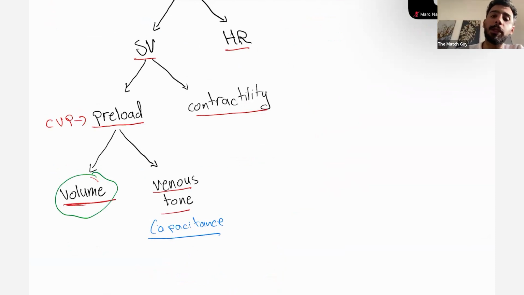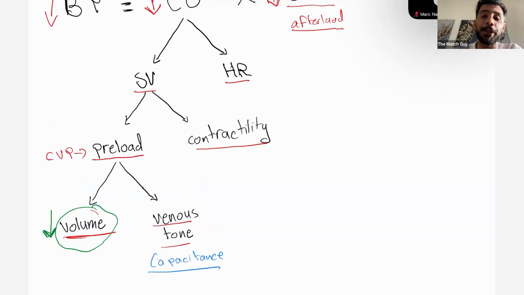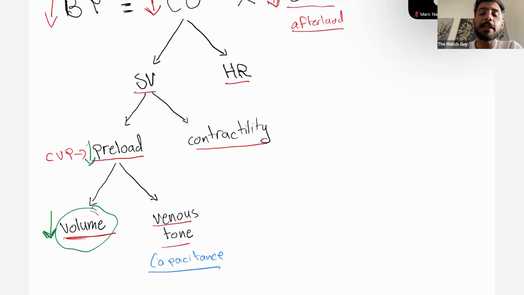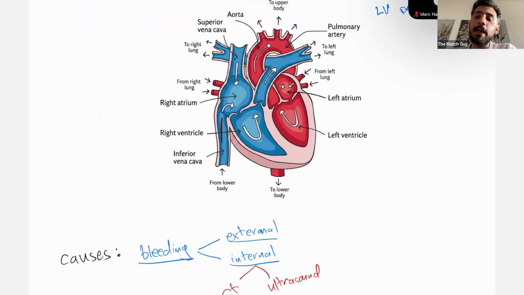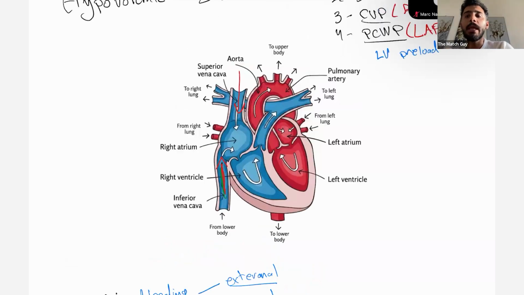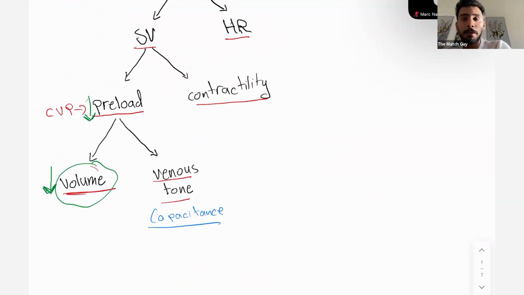And if the volume of blood is decreased because there is bleeding and you're losing volume, then that means that the preload is also going to decrease, right? This means that less blood is going to be coming back to the heart. Since you have less blood in your body, the blood that is coming back from the inferior and the superior vena cava to the heart is too little compared to the normal healthy person. So this is going to decrease the preload.